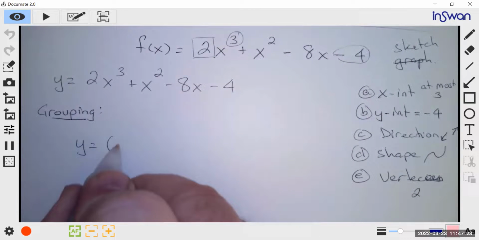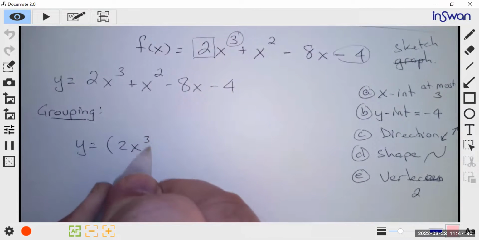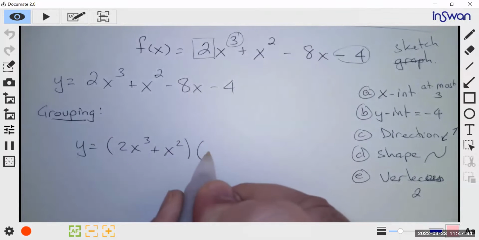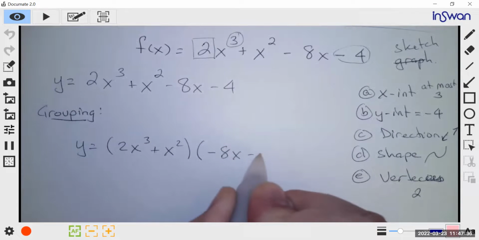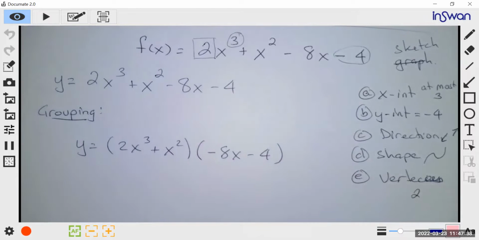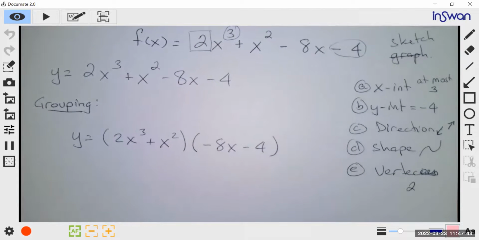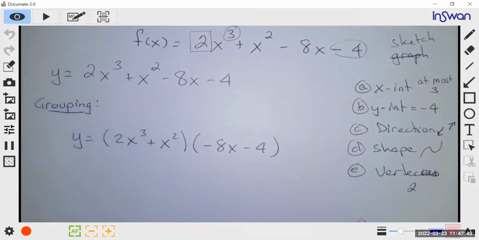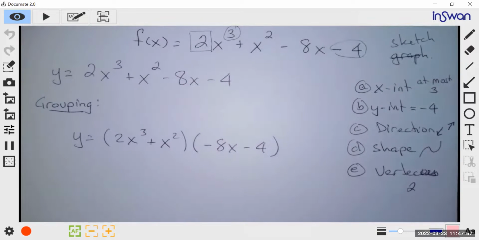In grouping, you put a parenthesis around the first 2 terms, and a pair of parentheses around the second 2 terms. Since the middle sign has a negative, incorporate that in the parentheses. So that was the first step.